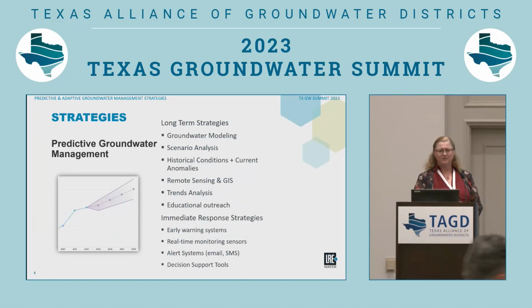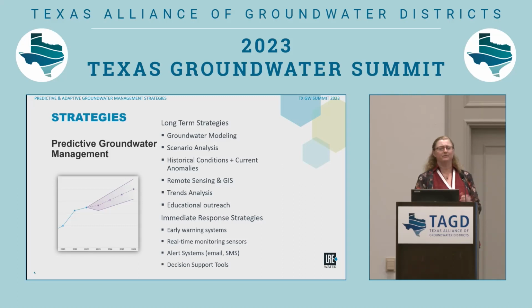And then similarly, just some examples of the kinds of things you'd do under a predictive management strategy driven approach. You'd be looking at these long-term strategies for picking modeling approaches, developing scenarios, gathering data, remote sensing data and GIS, trends analysis, stuff like that.